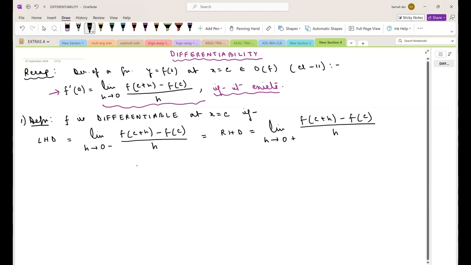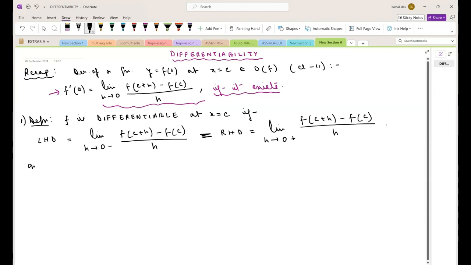So if these two limits, left hand limit and right hand limit, which are termed as left hand derivative and right hand derivative, exist and they are equal, then we call that f is differentiable at x equal to c. So f is differentiable if this happens.